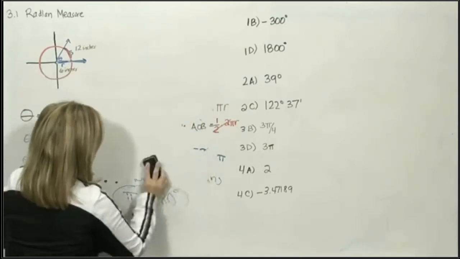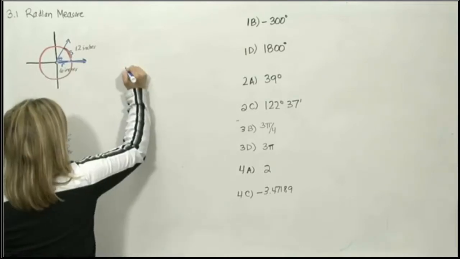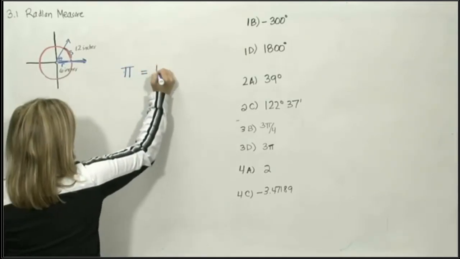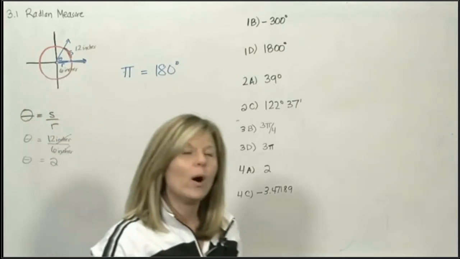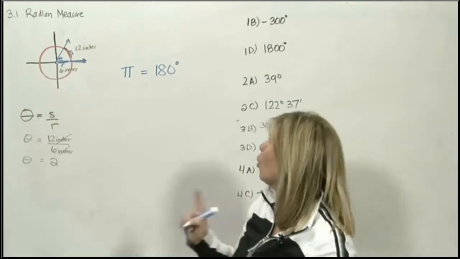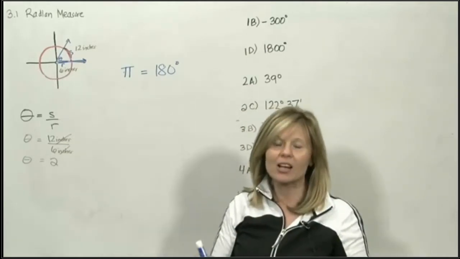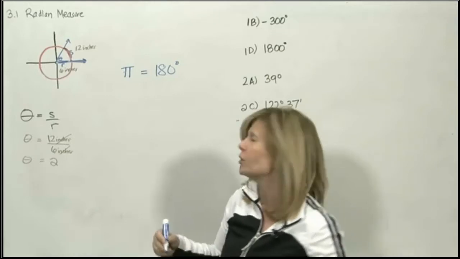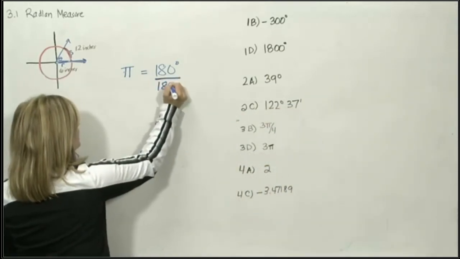All right. So let me just erase this for a minute and show you what we're talking about. We know pi radians is 180 degrees. So guys, what happens if I wanted to know what 1 degree was? If I want to change that to the number 1, how can I change 180 degrees just to 1 degree? Well, mathematically, the way to change that to 1 is divided by itself, right?